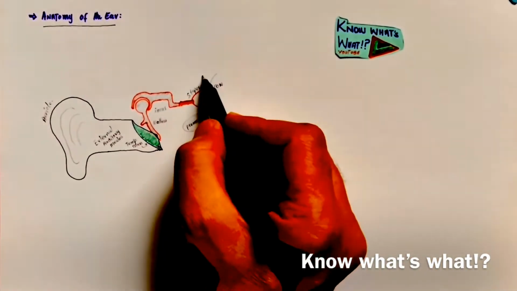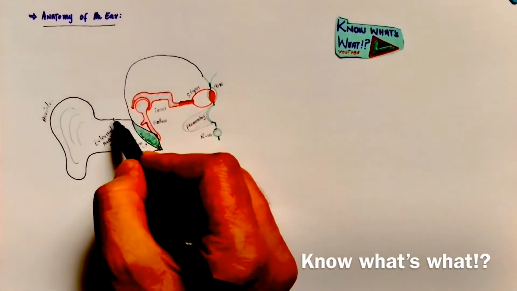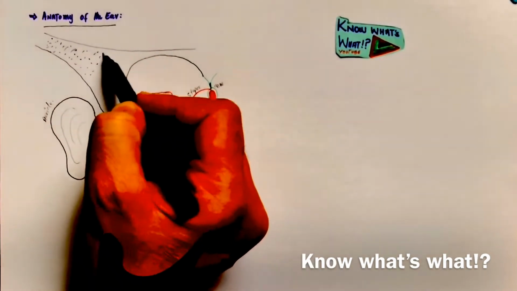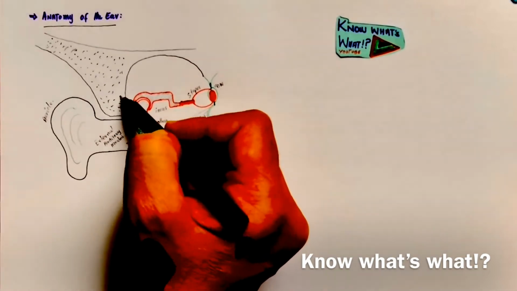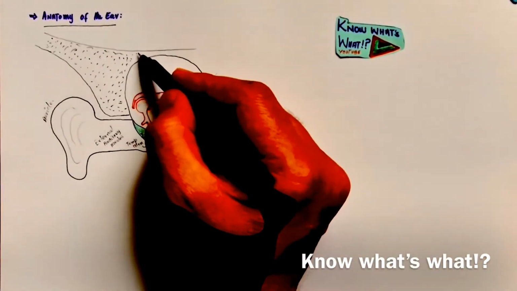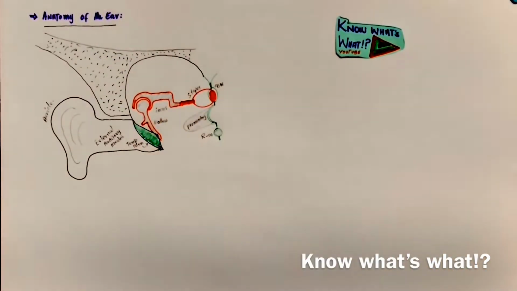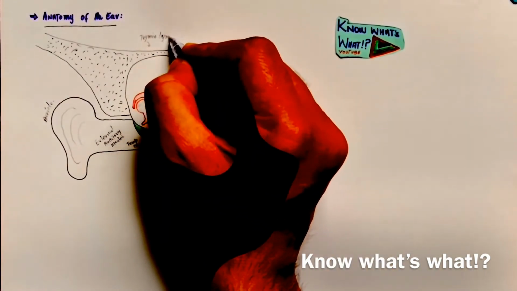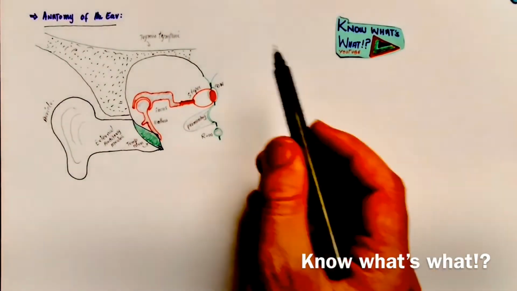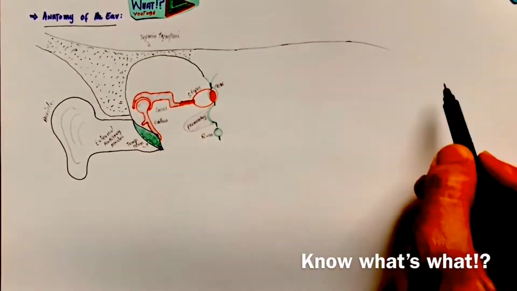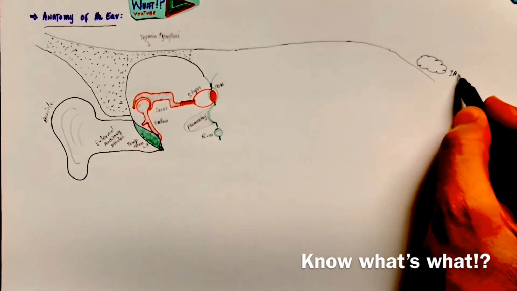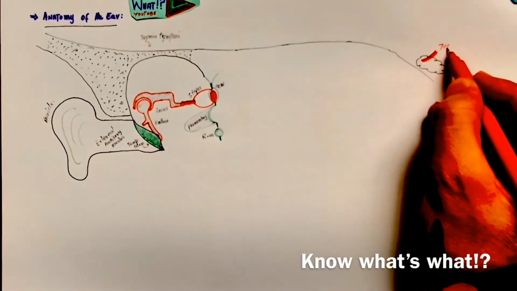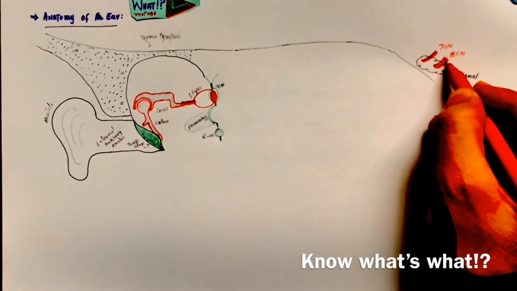And if we make the roof of the middle ear, this is the roof, and behind here it has a bony structure, and when this bony structure thins out, it becomes thin at the top of the middle ear. It makes the roof of the middle ear. It's called tegmen tympani. Now, if we take this and go back here, behind the inner ear, here is the internal auditory canal through which the 7th and 8th cranial nerve passes.